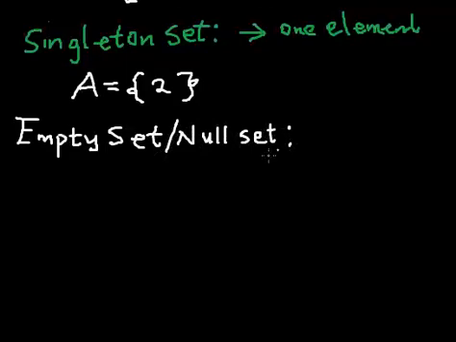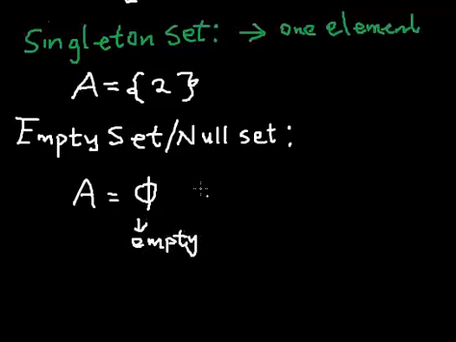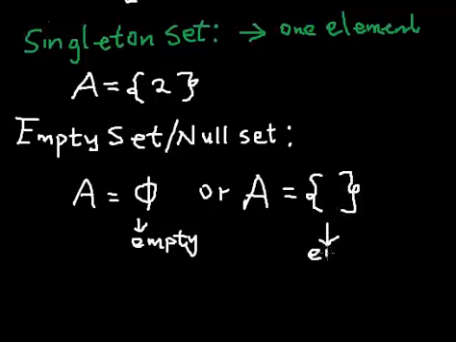If I say that A is an empty set, I use this symbol, which is one way of representing an empty set. Or I can say A is equal to empty braces. This is another way of expressing an empty set.